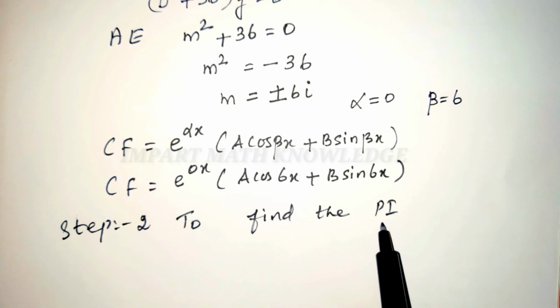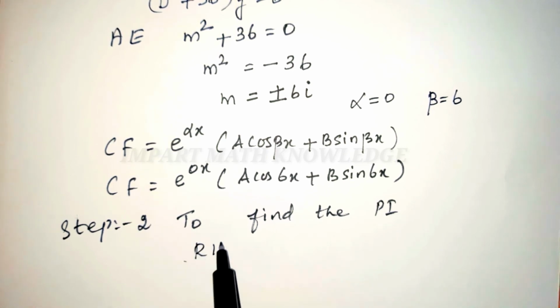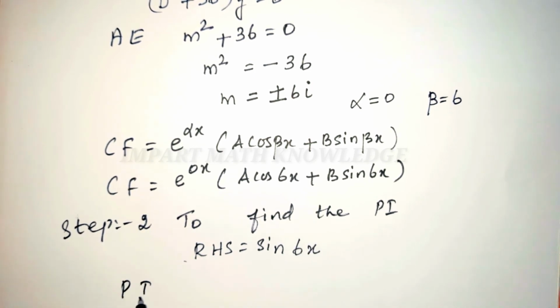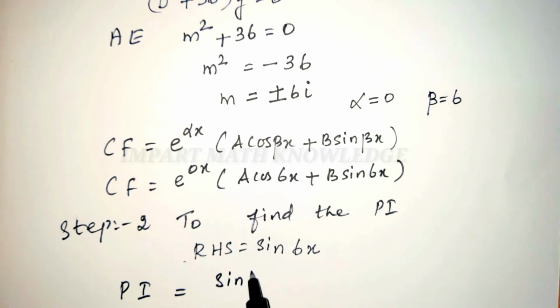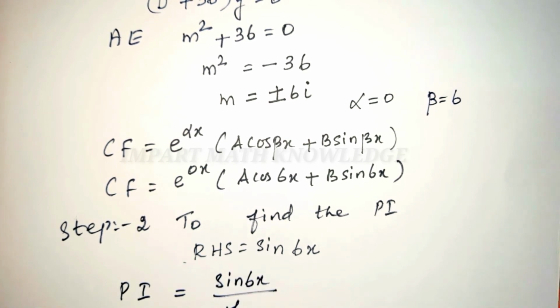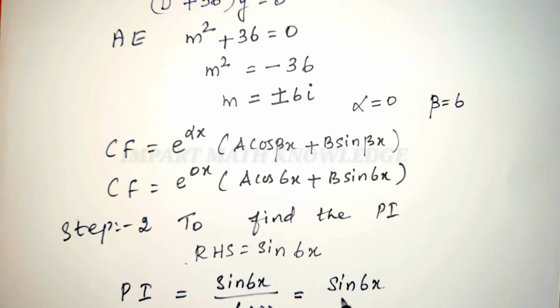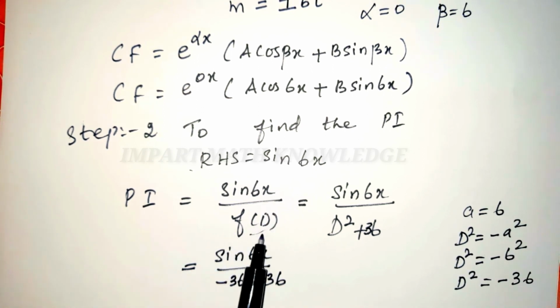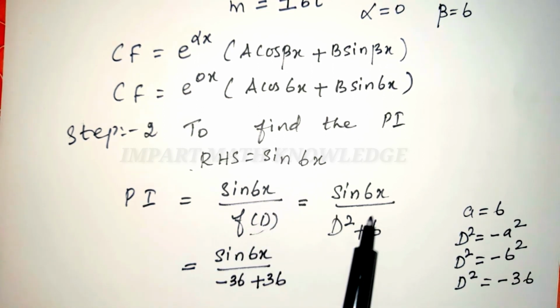Step 2, find the particular integral. Here the right hand side term is sin 6x. So the particular integral is sin 6x divided by f(D). f(D) is the left hand side term of the problem. Particular integral is sin 6x by f(D), that is sin 6x by (D² + 36). Replace D² by −a², that is −36.